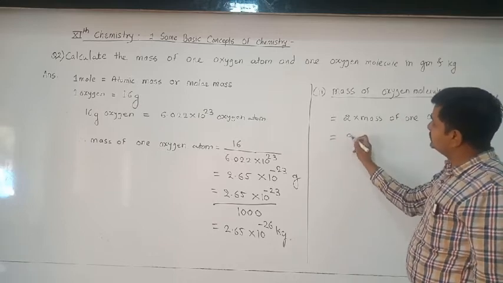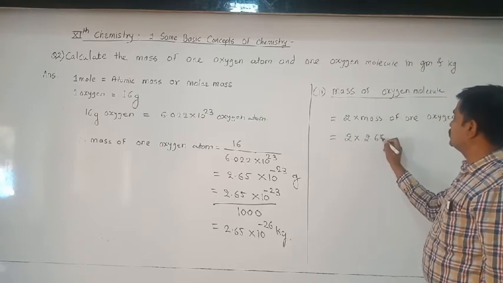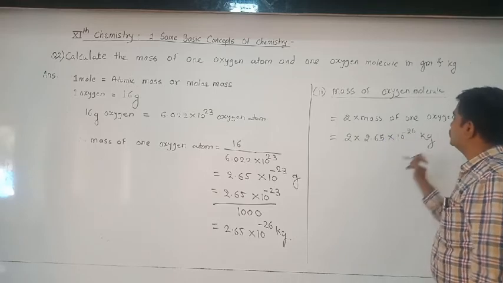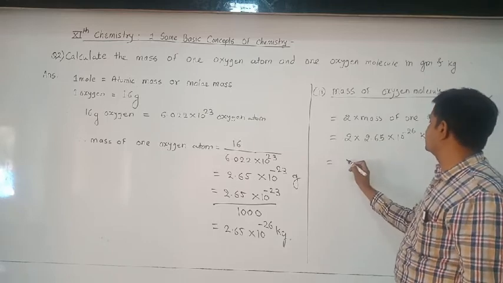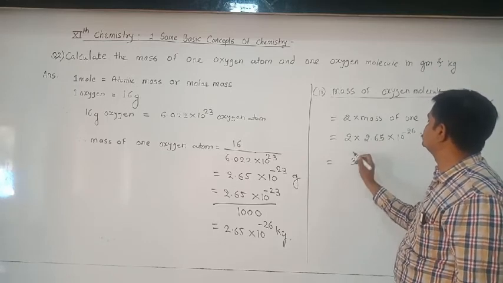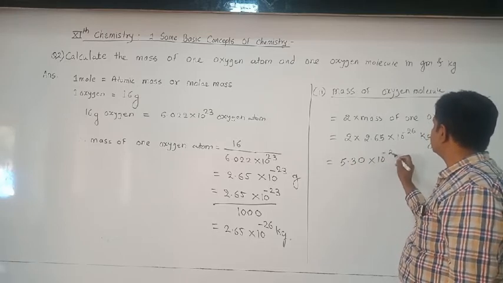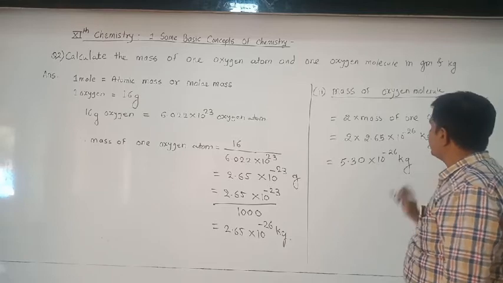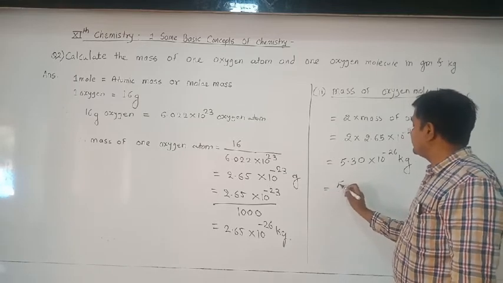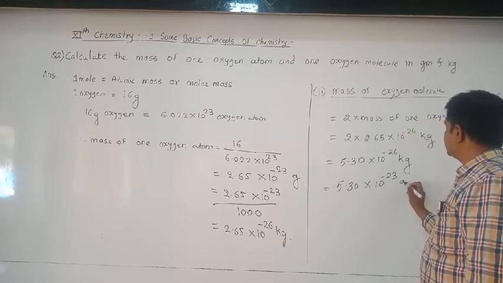So it is 2 into, kilogram मध्ये घेऊया, 2.65 into 10 raised to minus 26 kilogram. So it is 5.30 into 10 raised to minus 26 kilogram is the mass of oxygen molecule, and in gram it is 5.30 into 10 raised to minus 23 gram.